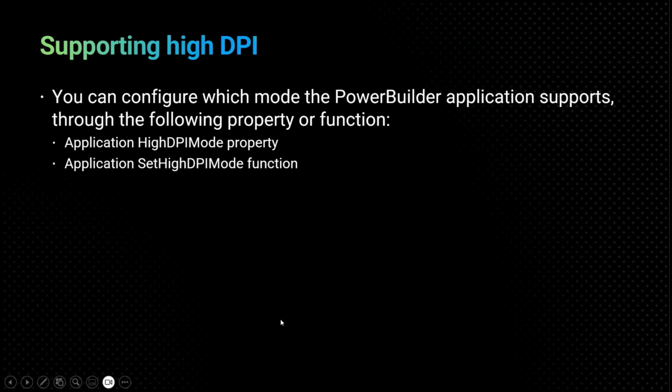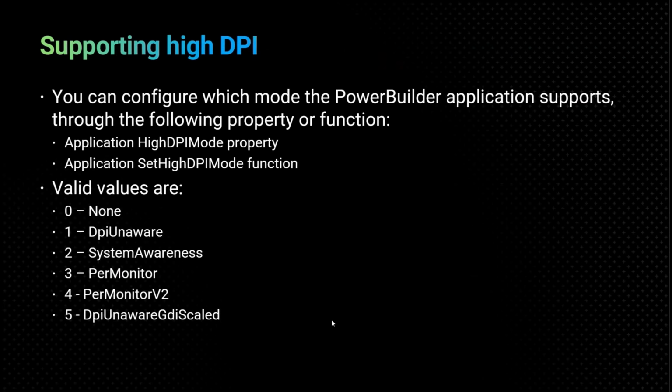So, as I alluded to earlier, there's a new application property, high DPI mode, that you can set. You can either do it through a property on the application object, or there is a function you can call, set high DPI mode, that you can use from script. Now you'll notice here, the values are actually 6, although the number of DPI modes is 5. That's because the first two options are pretty much the same thing, none and DPI unaware.